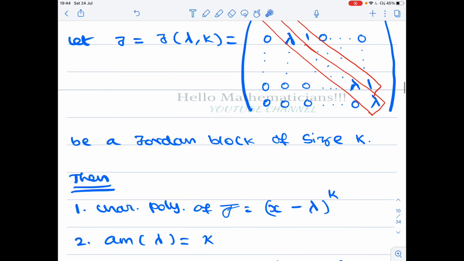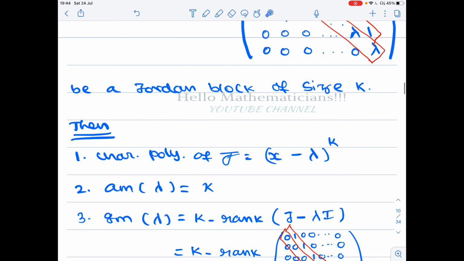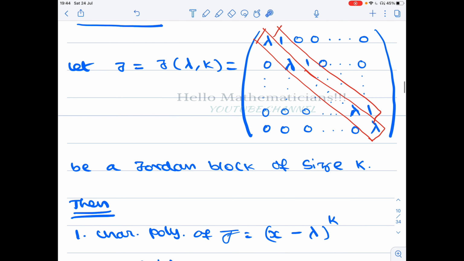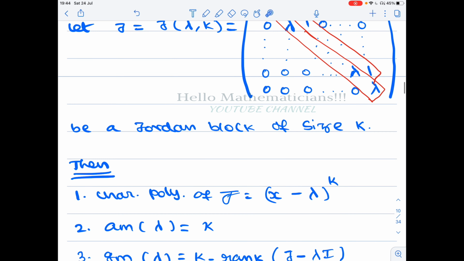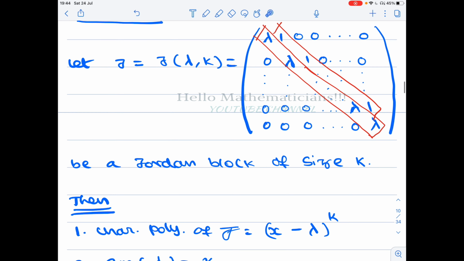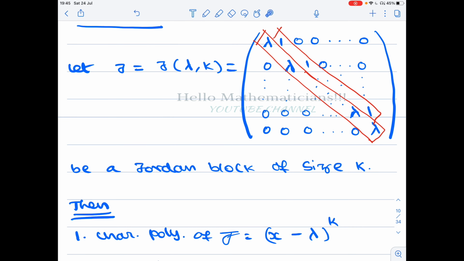Now we proved certain results. For this matrix, since it is an upper triangular matrix, its diagonal entries are the eigenvalues. Therefore the characteristic polynomial is (x minus lambda) to the power k. Therefore it has only one eigenvalue that is repeated k times.